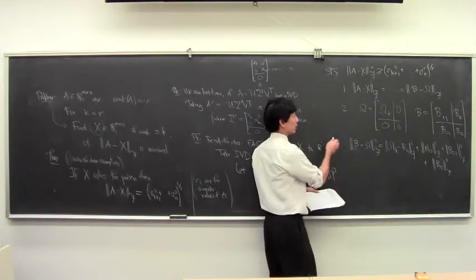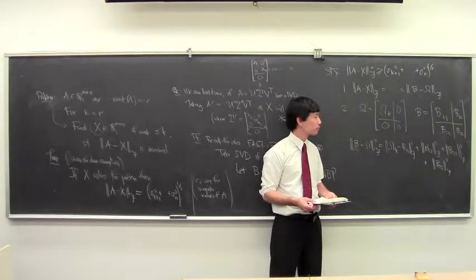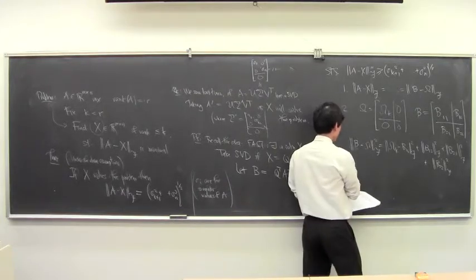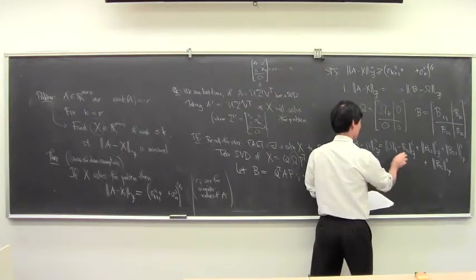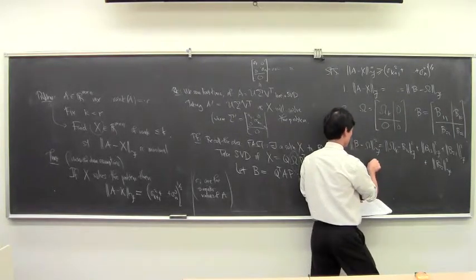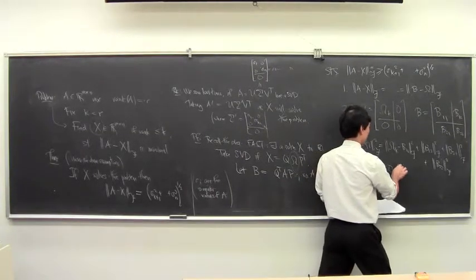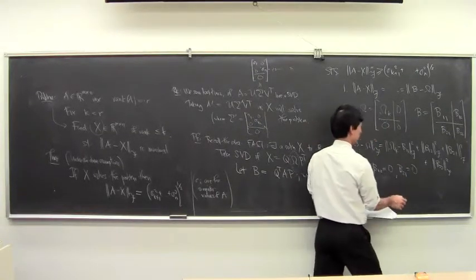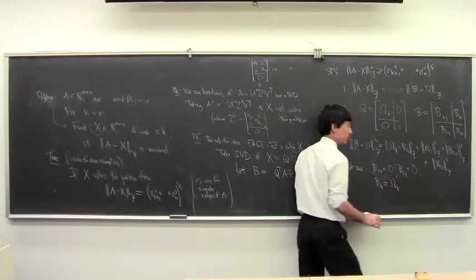Right, so this is just like a change in notation. Okay, and then what we saw was that B12 had to be 0, that B21 had to be the zero matrix, and that B11 had to be omega k.